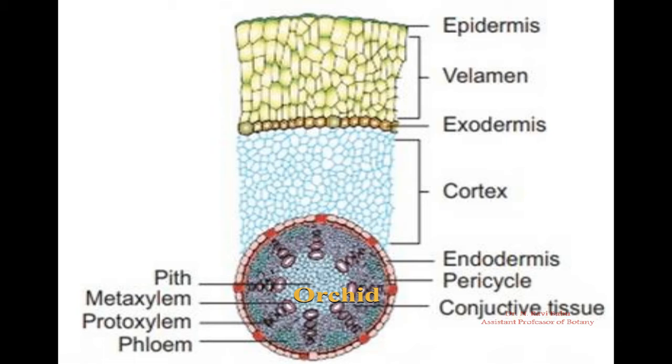And the presence of a thick cuticle and sunken stomata greatly reduces transpiration. Of course, friends, these characteristics we have observed while dealing with the anatomical adaptations of the xerophytes.